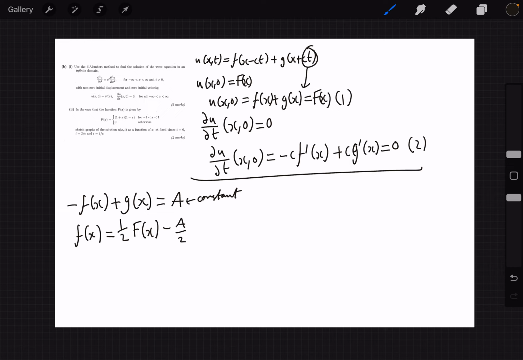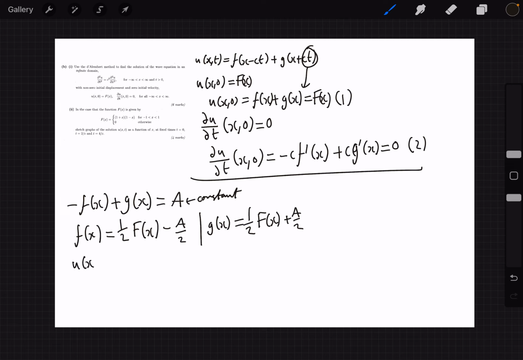Looks kind of simple, but there is a use to this. We can then find g(x), as we know that minus f(x) plus g(x) equals a. I'm just going to put a little mark so we can tell the two apart, not actually differentiate in terms of mathematics. And so we now have f(x) and g(x).